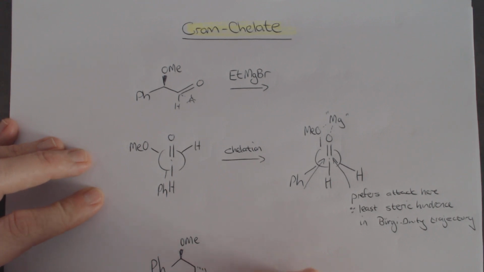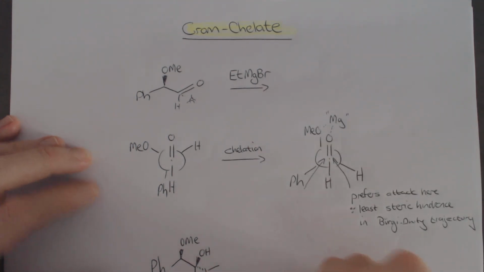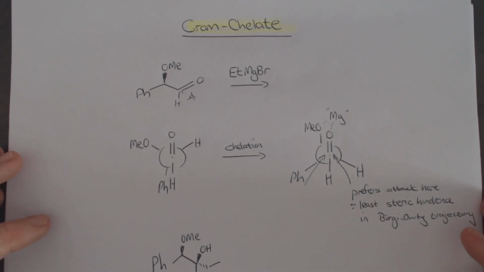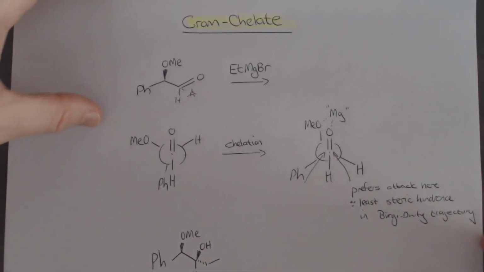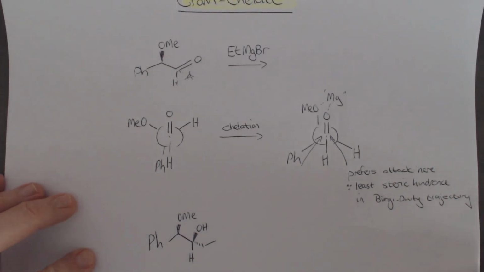So the nucleophile came in from the bottom, which is the ethyl group, so it's like that, and the oxygen ended up going up, which on protonation would end up looking like that over there. Now, as far as a product is concerned, this is absolutely fine to do it that way.